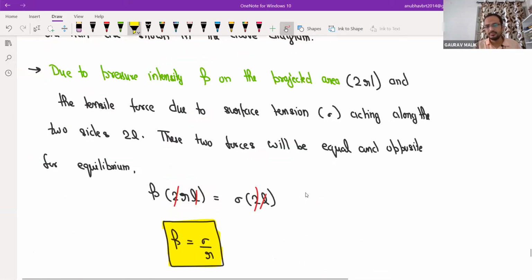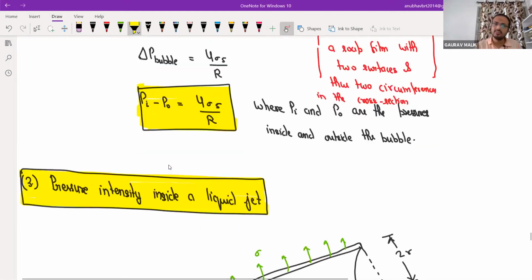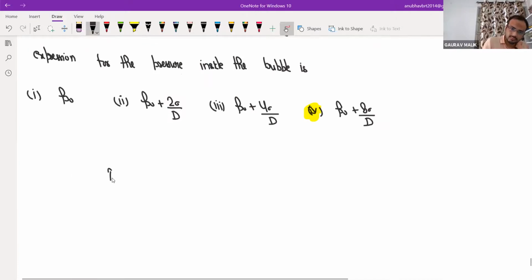For soap film, we have Pi minus P naught is equal to 4 sigma by R. R is equal to D by 2.